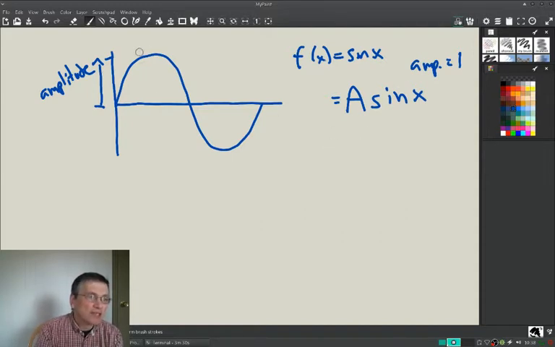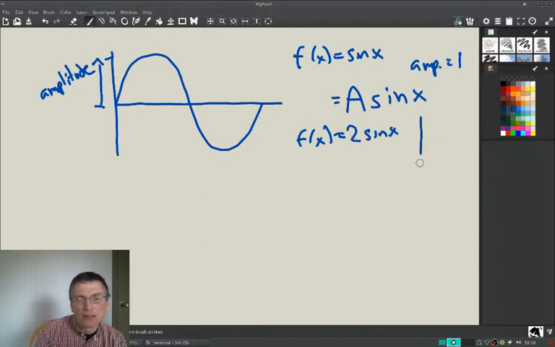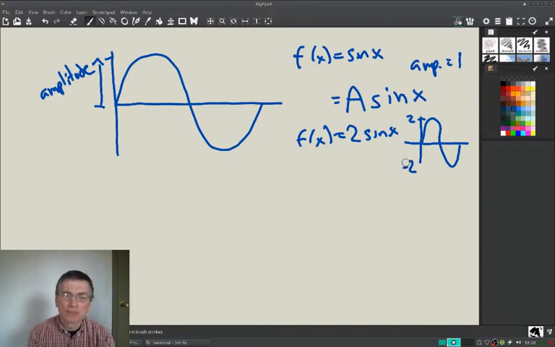So if we wanted this to go up to 2, we could have f of x equals 2 sine x. This is the same function, except now it's stretched out. It goes a little higher and a little lower. If it goes up to 2, it goes down to minus 2. Okay?